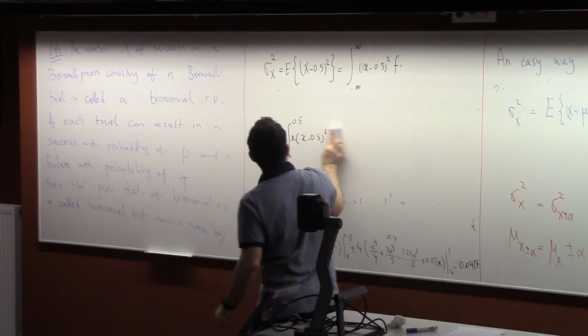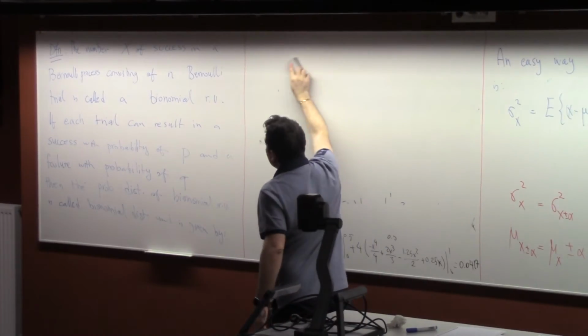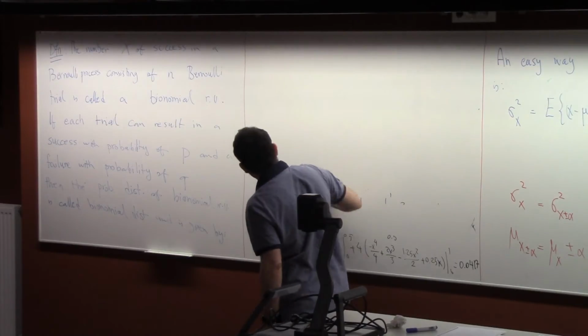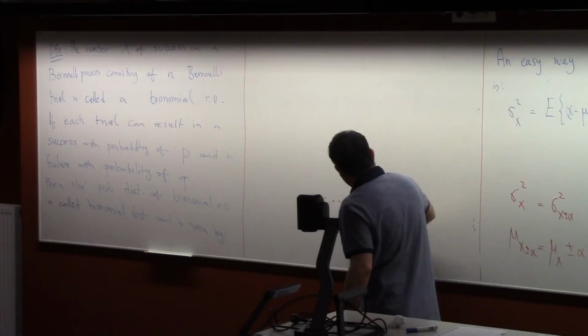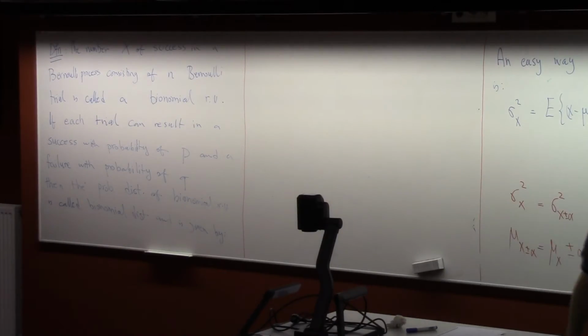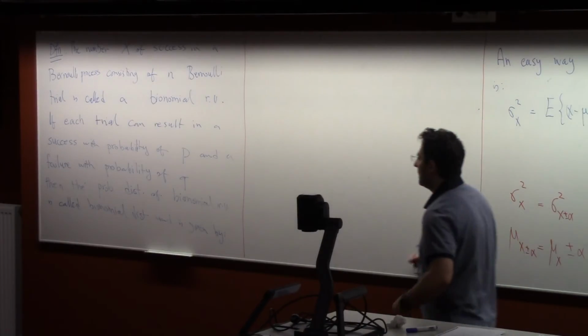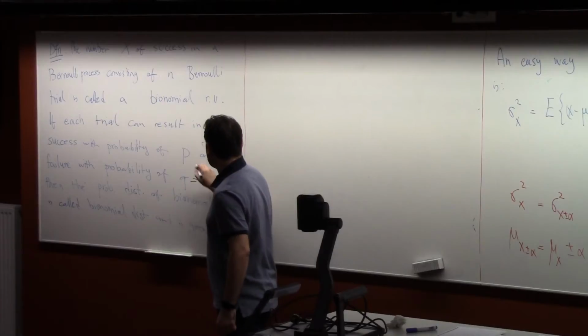And in order to have a binomial random variable, that random variable should come from a Bernoulli process. Now, if the probability of success is P and the probability of failure is Q, what is Q? 1 minus P, right?